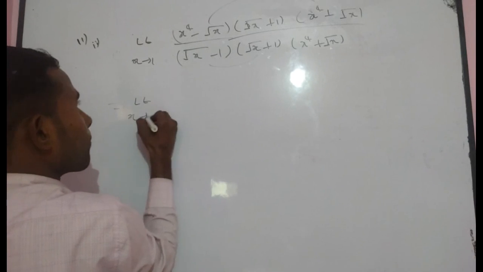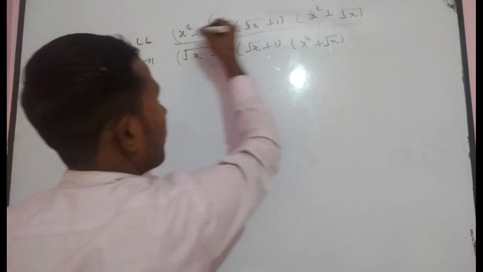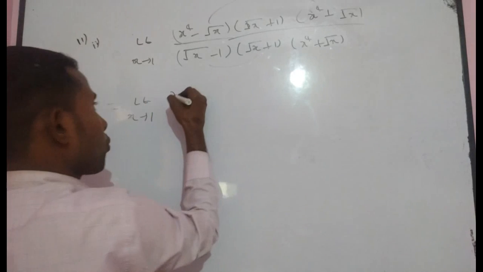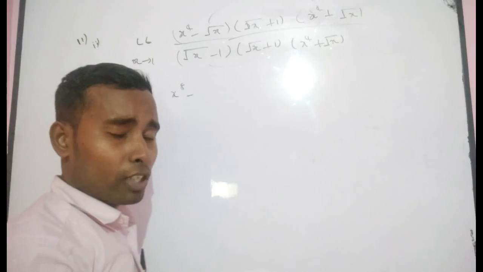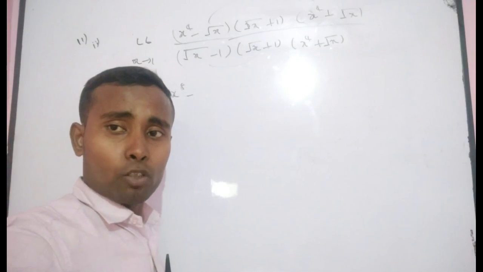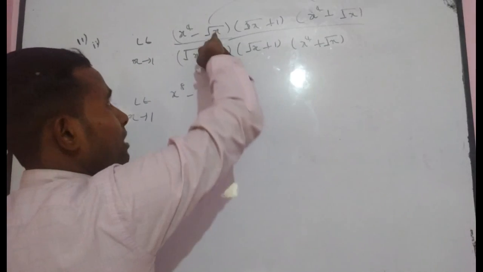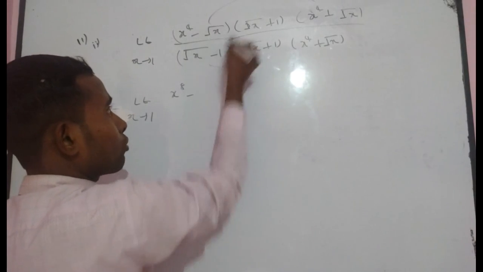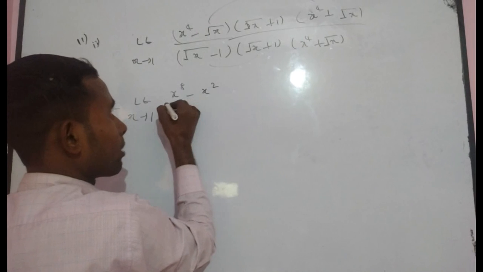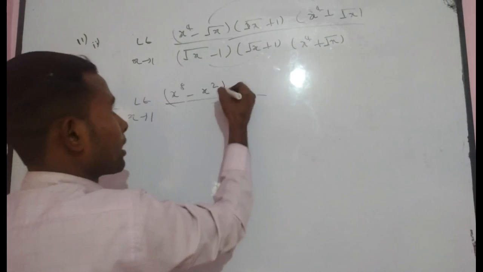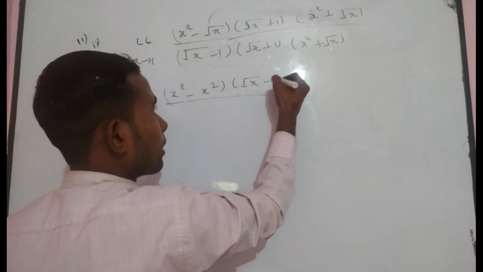Limit x tends to 1. If you multiply (a plus b) into (a minus b), you get a square, that means x to the power 8, because x to the power 4 whole square will be x to the power 8, and minus b square, that means root under x whole square, that means x. Divided by, you also have to multiply this factor root under x plus 1.